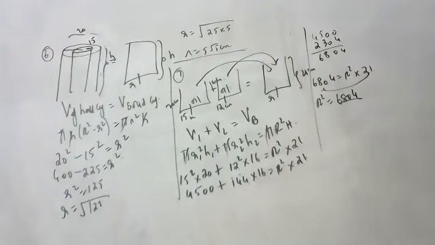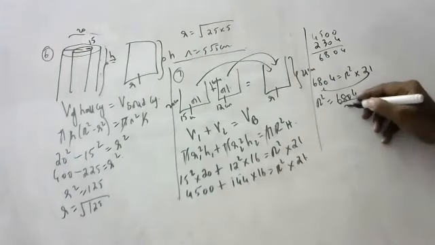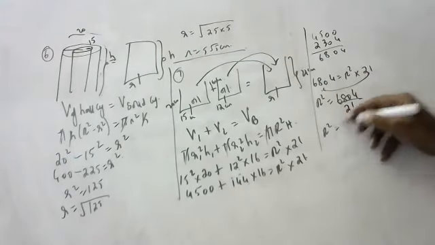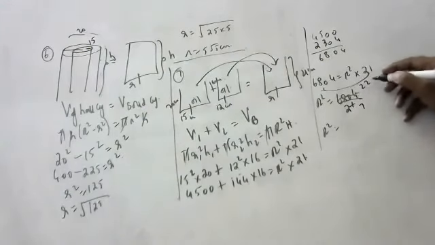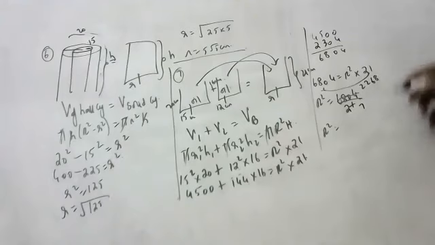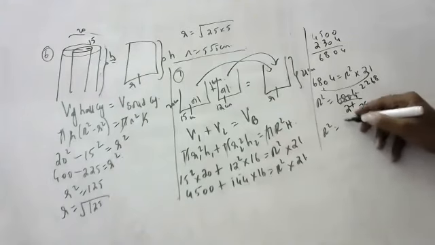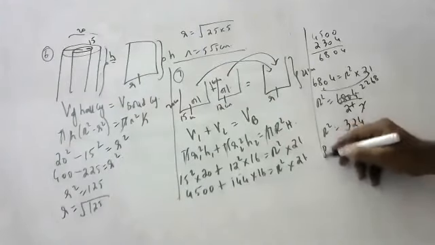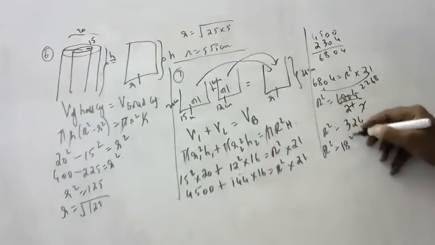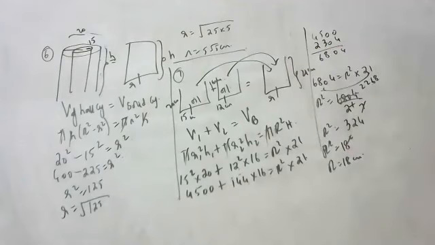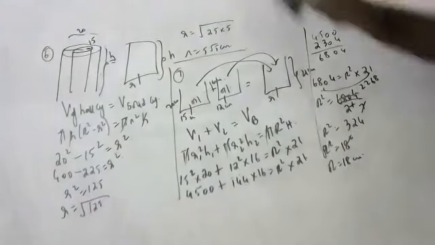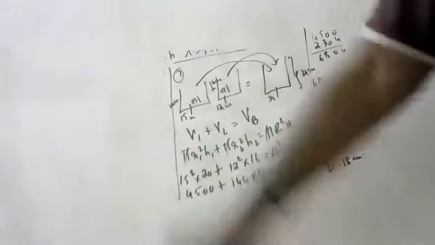So r square is equal to 6804 by 21. 324, sir. Whose square is 324? 18 square, sir. So 18 centimeters is the radius of the big cylinder.